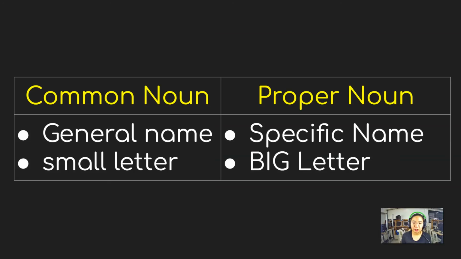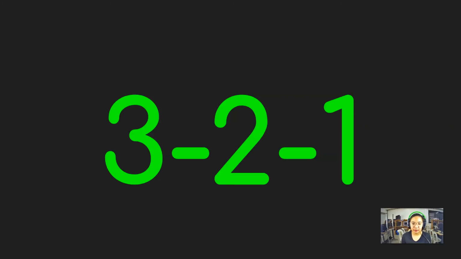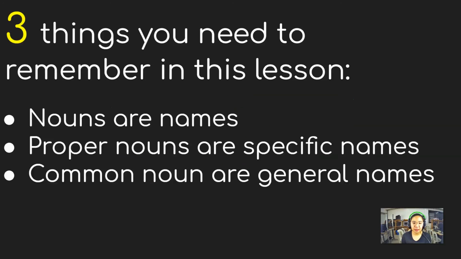Again, common nouns are general names that start with a small letter, and proper nouns are specific names that start with a big letter. Now let us have a summary again of what we've discussed today. For number three, things you need to remember in this lesson. First, of course, nouns are names.